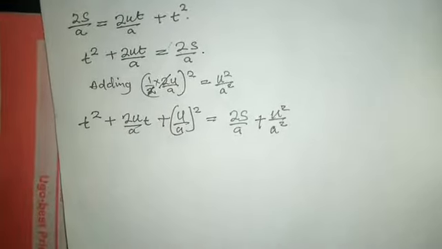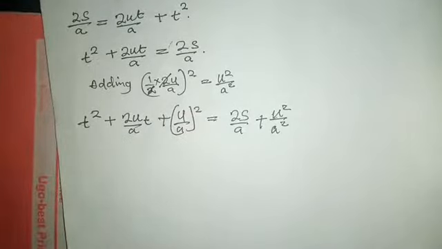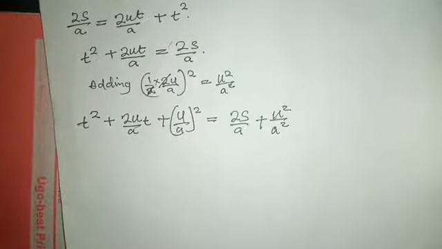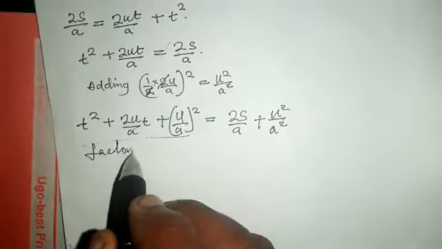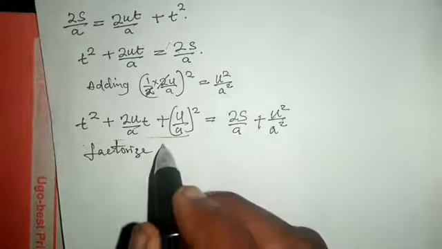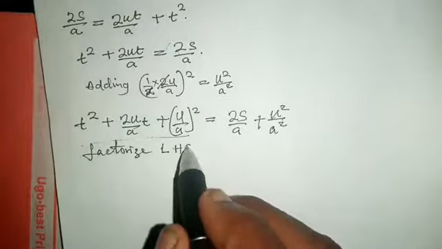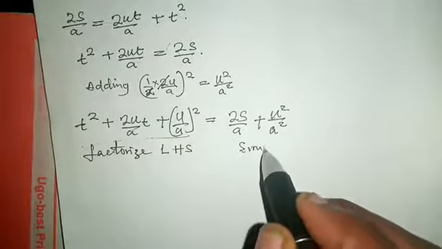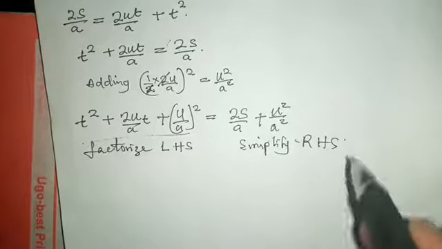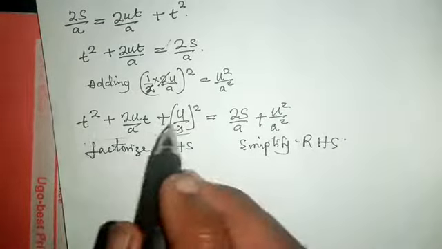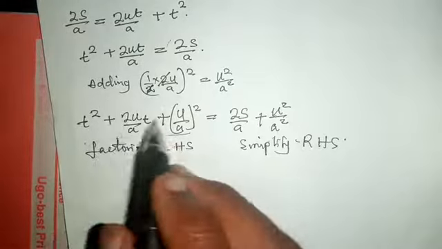Now that I have done this, I will go straight to factorize the left hand side and then simplify the right hand side. This is a perfect square now because we completed the square.